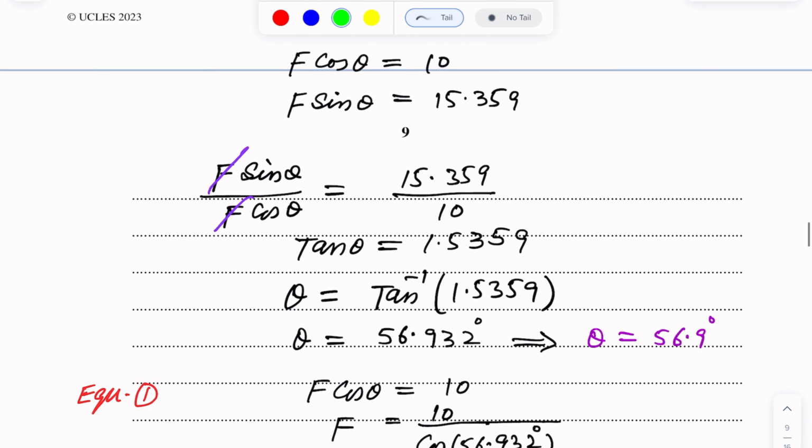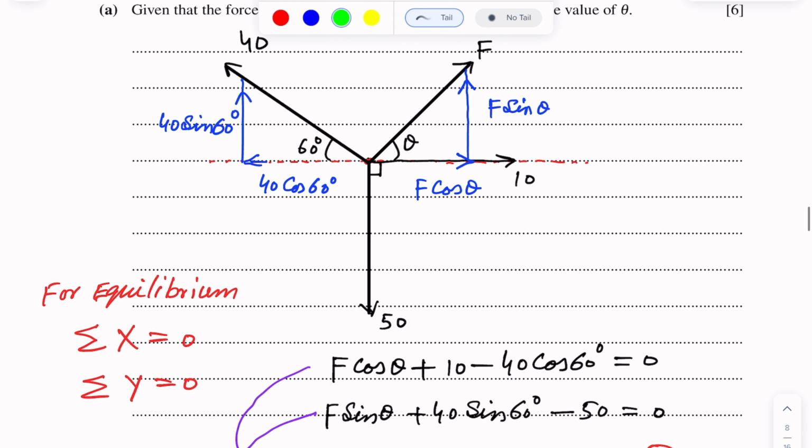So this means that the direction of the resultant will be along this force, the 50 Newton force. It is very clear that for this 50 Newton force, x is 0.